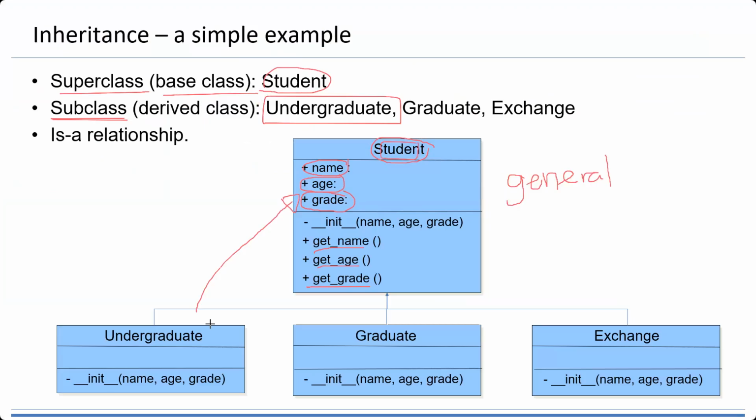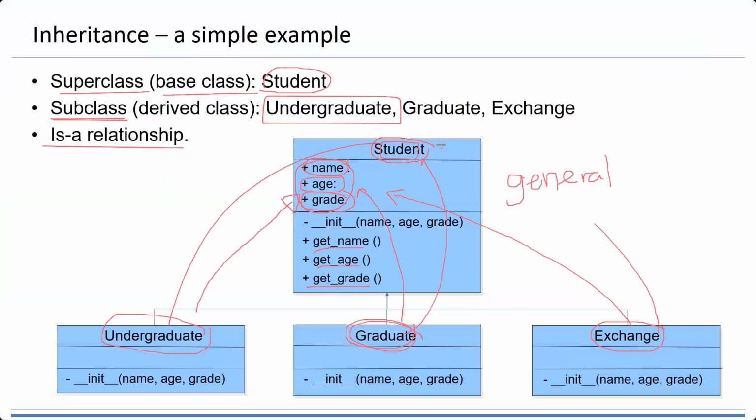So the undergraduate student will have name, age, and grade. The graduate student also has name, age, and grade. The exchange student will also have the name, age, and grade. Because this is a relationship. An undergraduate student is a student. The graduate student is a student. The exchange student is a student.